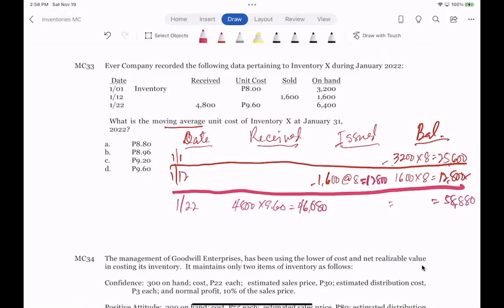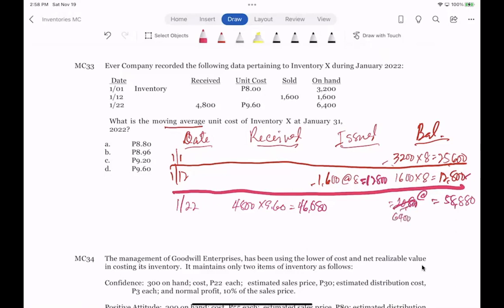And the previous balance of 1,600 plus 4,800, sorry about it, is 6,400.